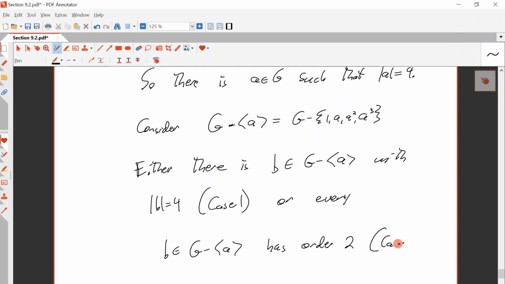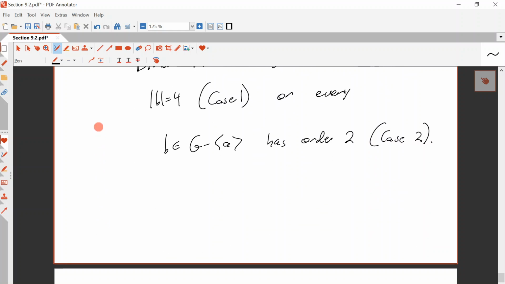Call that case 2. And, what are we expecting? We're expecting that in this case you have the quaternion group, and in this case, you have the symmetries of the square. Okay, that's what we know the answer is supposed to be, but we want to try to prove that, right?